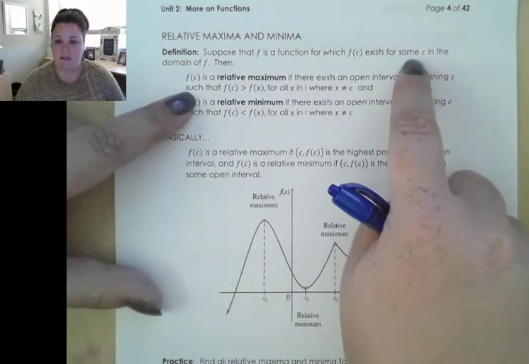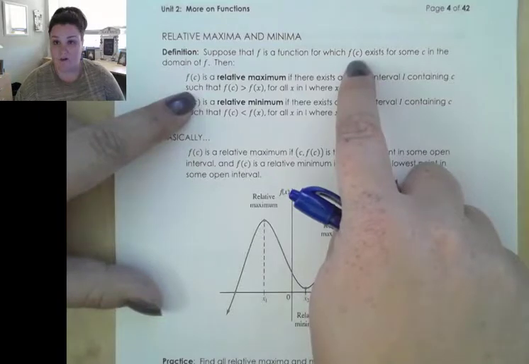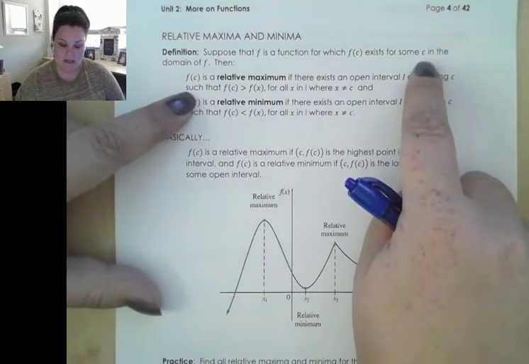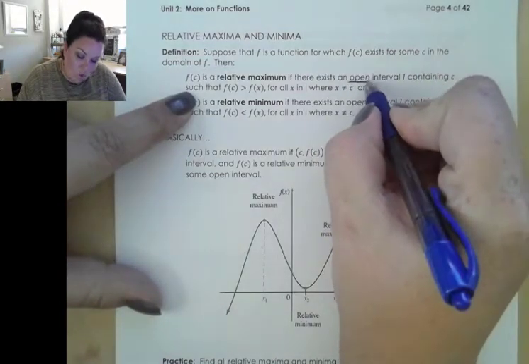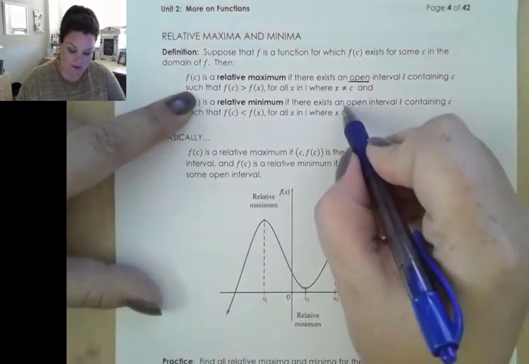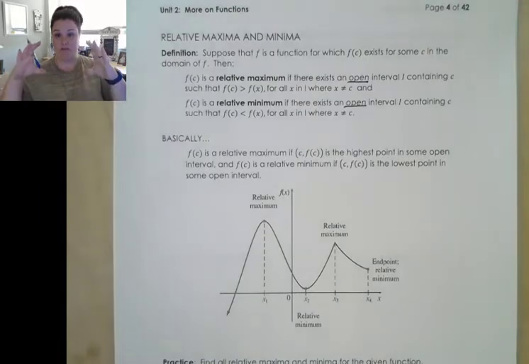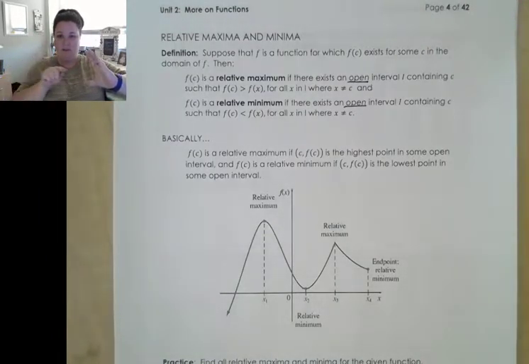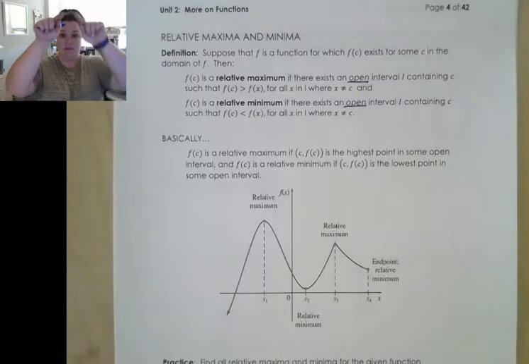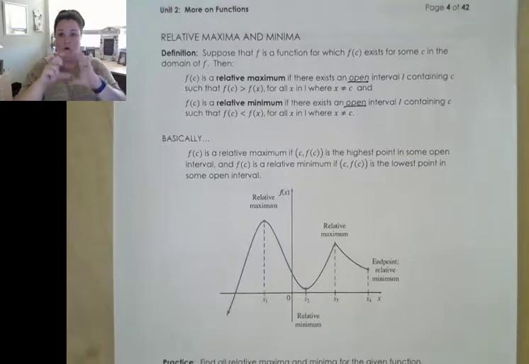Some value C where the Y value exists, obviously, for that C, and that C value lies in an open interval. Again, very important that we're talking about an open interval. So that means if we're talking about this interval of X values, there's some X within that interval where its Y value is either the highest point, or within that interval, there's an X value whose Y value is the lowest.